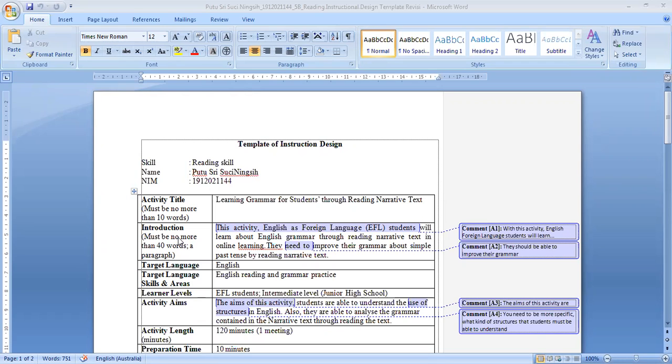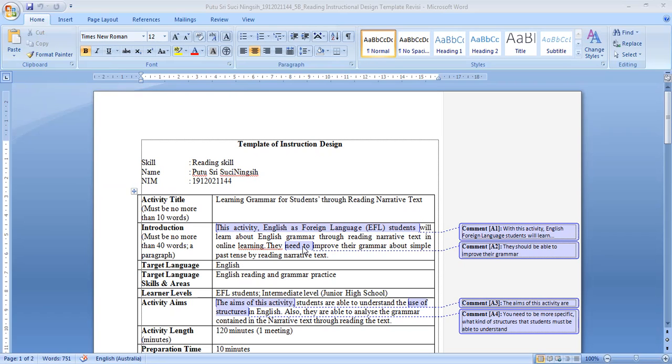The introduction says: in this activity, English as a Foreign Language or EFL students will learn about English grammar through reading narrative text in online learning. They need to improve their grammar about simple past tense by reading narrative text. I think from the beginning it will be better if Suci uses: English as a Foreign Language students will learn about English grammar through reading narrative text in online learning.